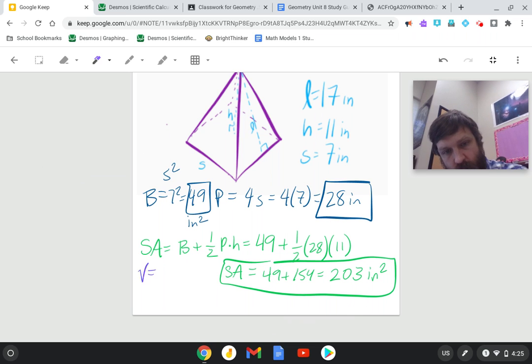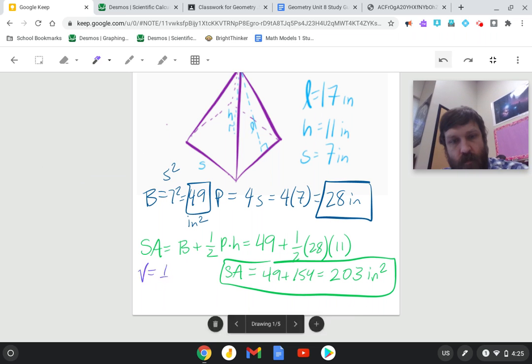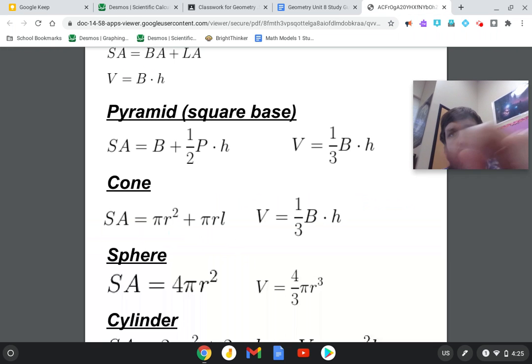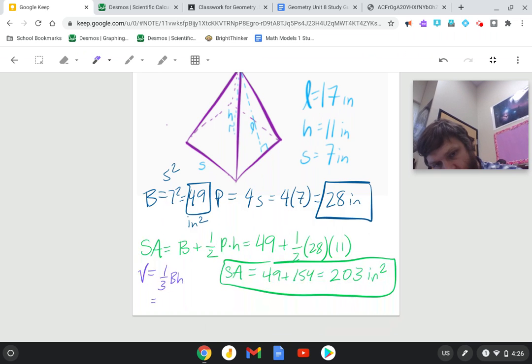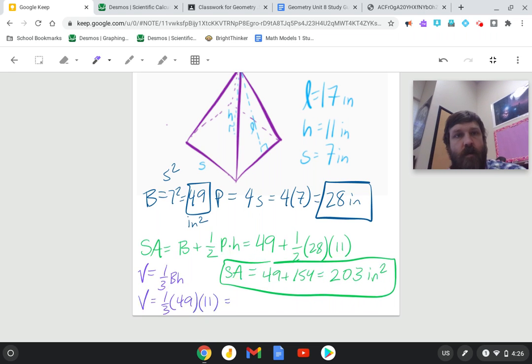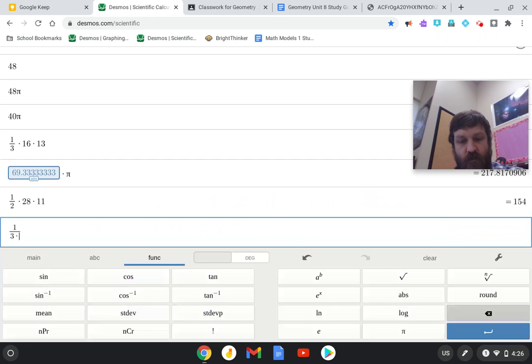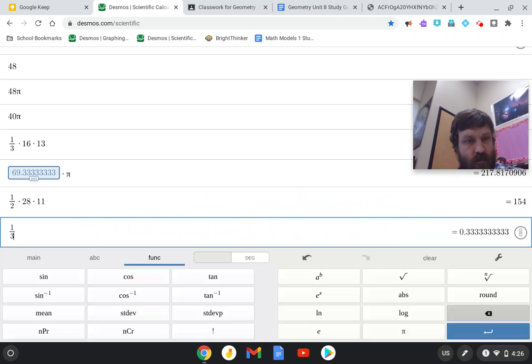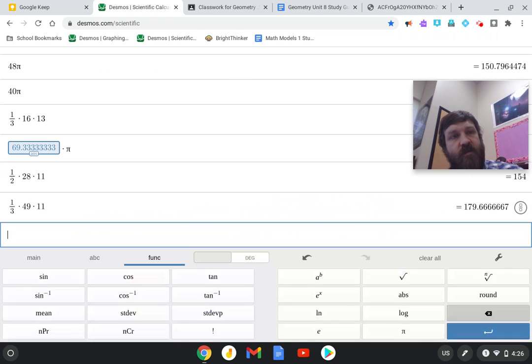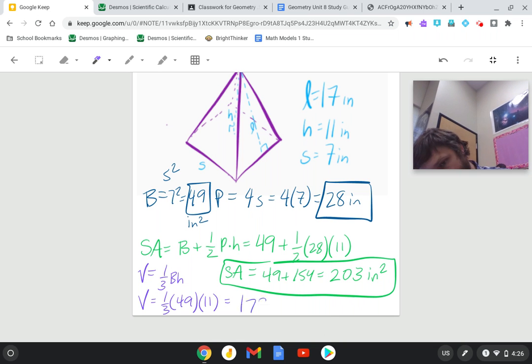For the volume, it's just 1/3 base times height. Pretty straightforward. So it's going to be 1/3 times 49 times 11. 179.67 inches cubed.